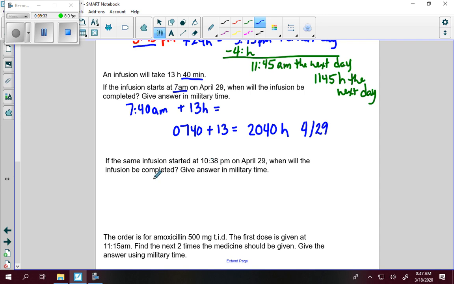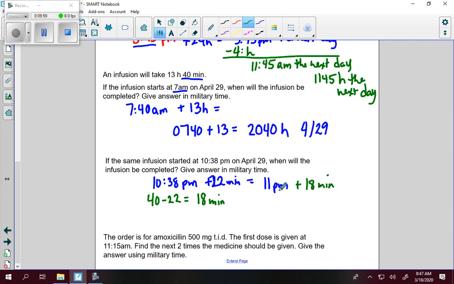So now we're starting at 10:38 p.m. If I add 22 minutes, then I have 11 p.m. But I needed to add 40 minutes, so 40 minus 22 is 18. So I have 11:18 p.m.